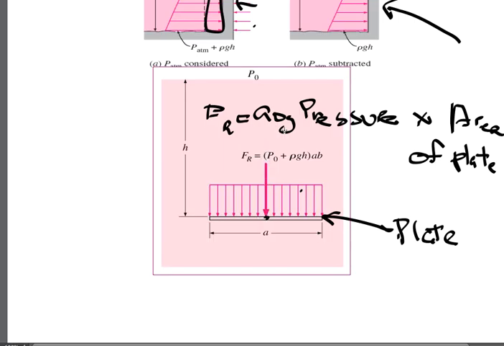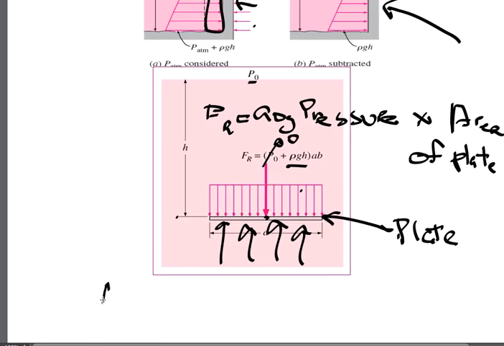And you can take the average pressure. This is the average pressure, rho GH plus P0, where P naught is the pressure here. Now, since P naught also acts from the bottom of the plate and around it, you can basically take out the P naught for gauge pressure.